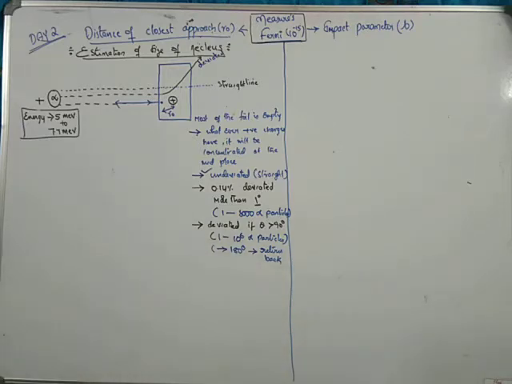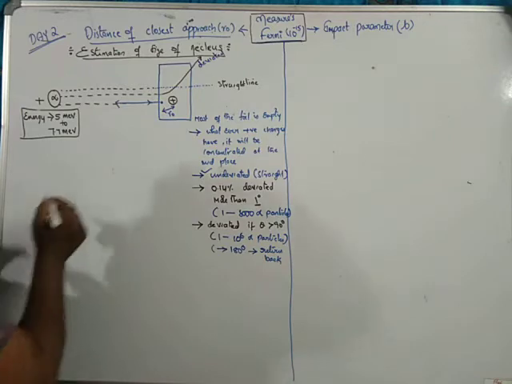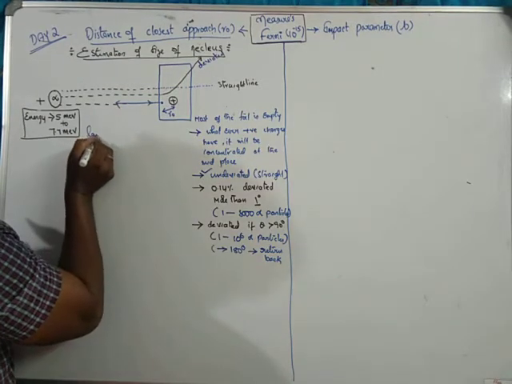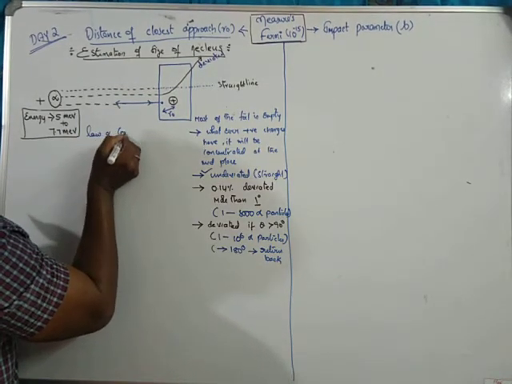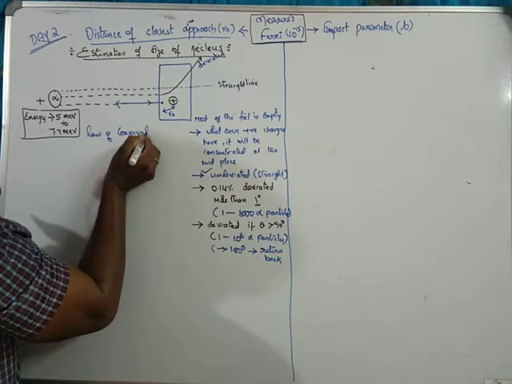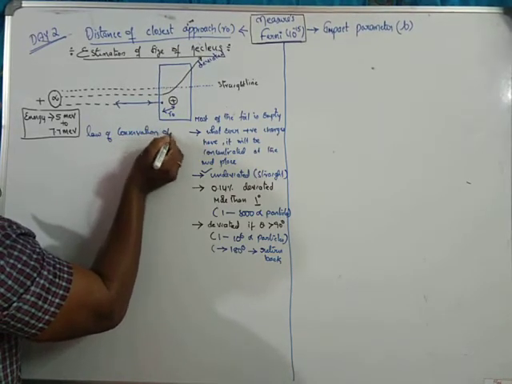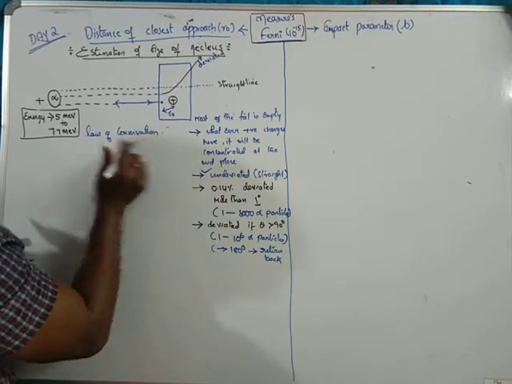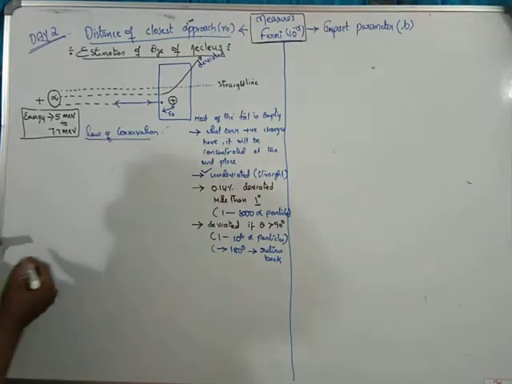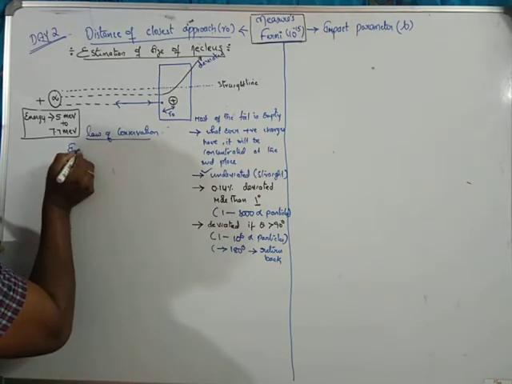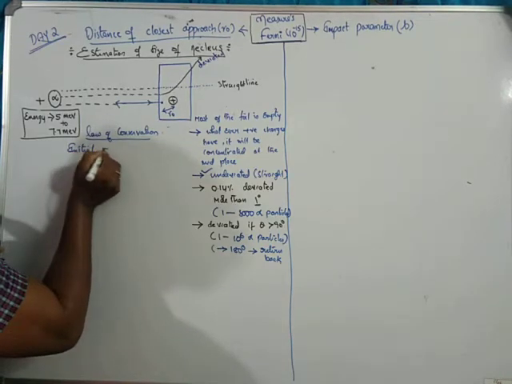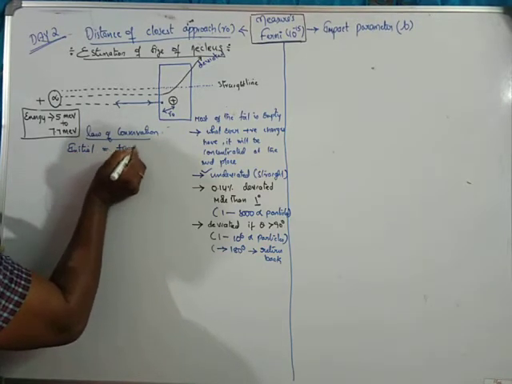To calculate the value of R naught, we use the law of conservation. Law of conservation means initial value is equal to final value.